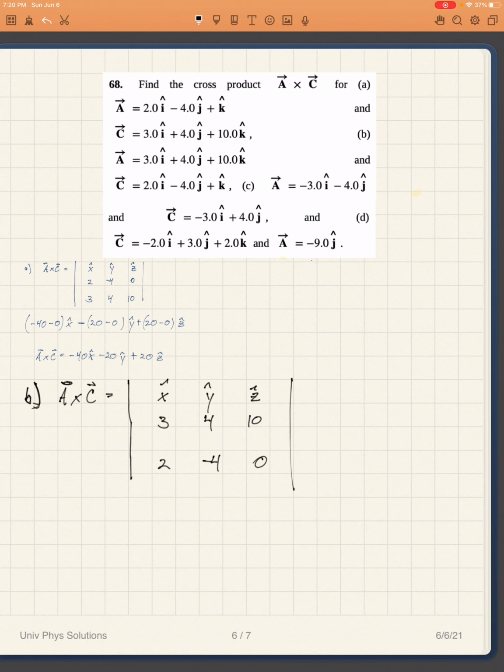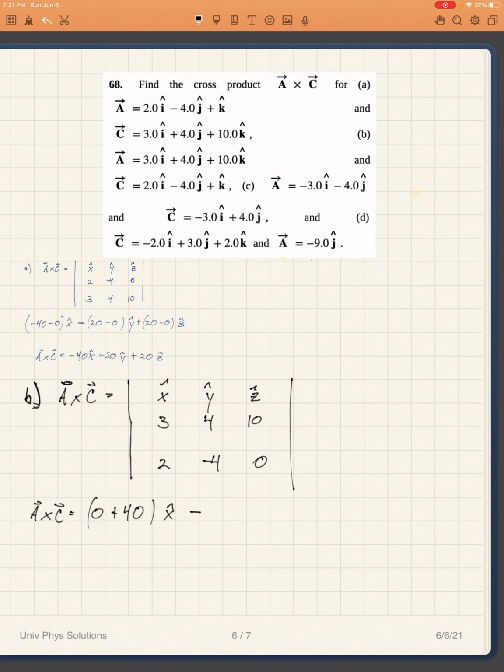Okay, so again, I'm going to ignore this, cross multiply these quantities, and that will be my x component. So 4 times 0 is 0. And 10 times -4 is -40. Now it's this quantity minus that quantity. Thus, that -40 becomes a +40. And that's my x component.